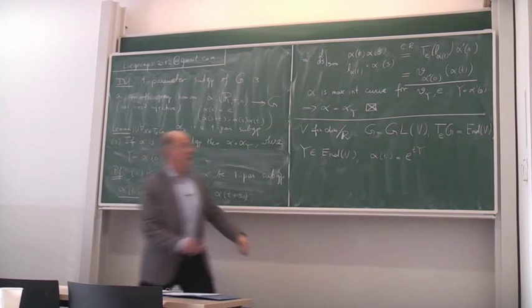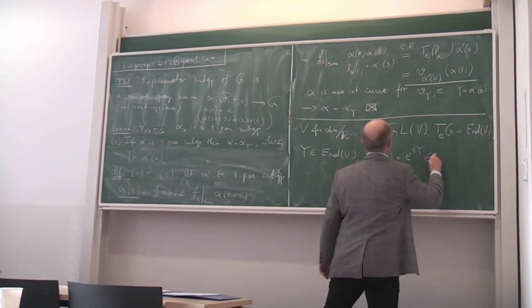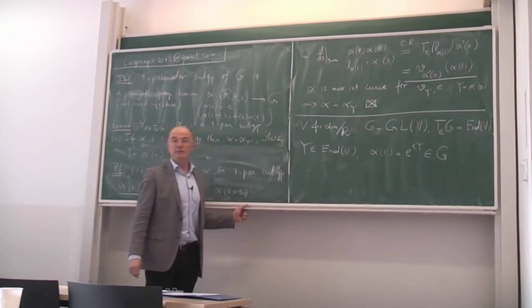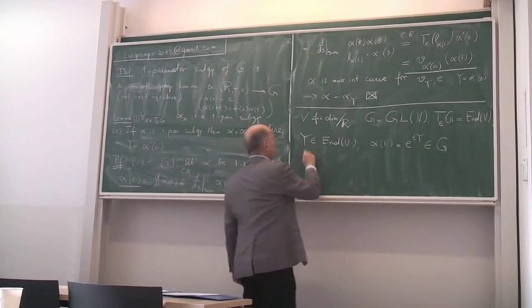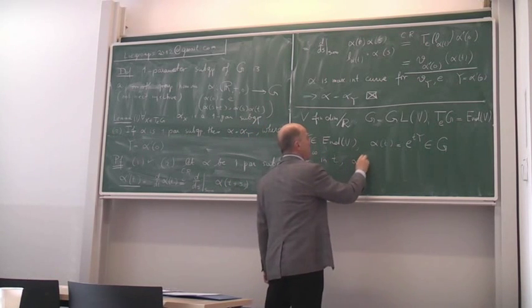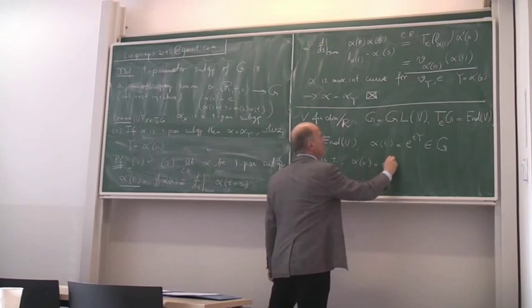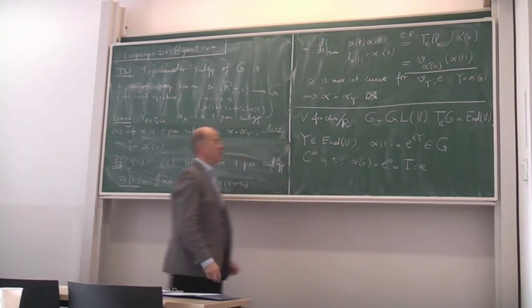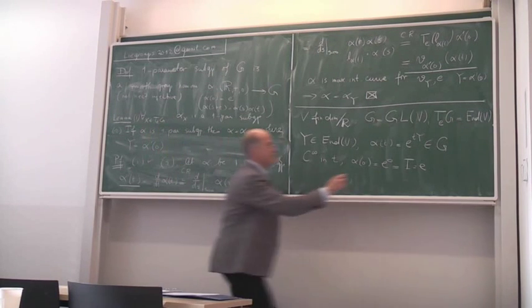This, first of all, defines an invertible matrix, so it belongs to G. It is smooth in the parameter t. Its value at 0 is e to the 0 is the identity matrix, which is the neutral element of G.